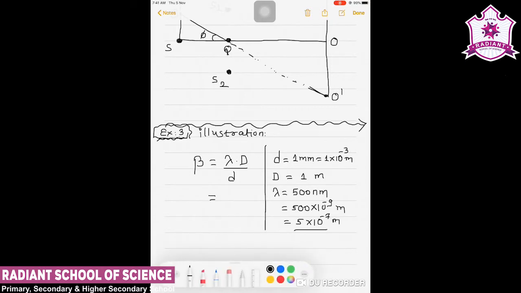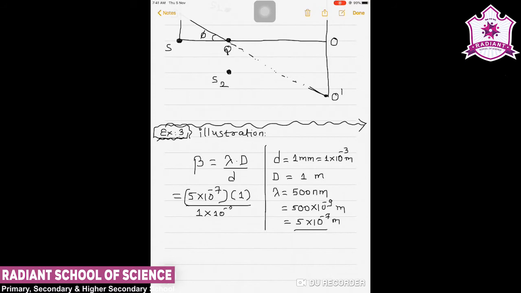So by using these three values, we can calculate the example now. By putting lambda equals 5 into 10 raised to minus 7, into the value of D, that is 1 meter, and in the denominator we put 1 into 10 raised to minus 3. When we put the values, we get the answer as 5 into 10 raised to minus 4 meter.